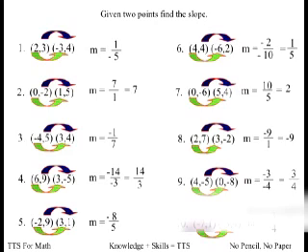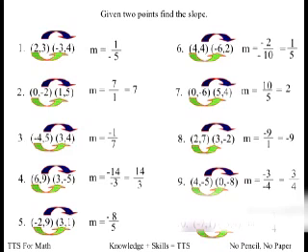So we're going to have to go down 3. So therefore, it's negative 3. Let's look at 4 to 0. Well, 4 to 0, I'm going to have to go down 4. So I'll get negative 4. And remember, negative divided by negative is positive. So m equals 3 over 4.